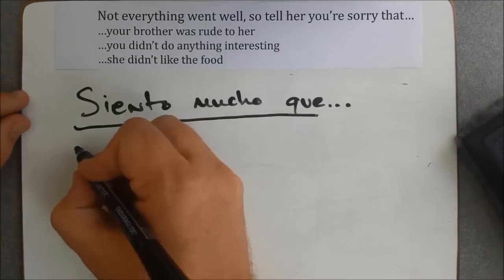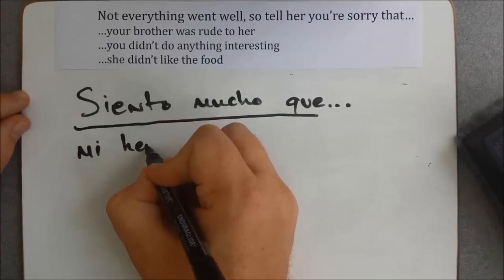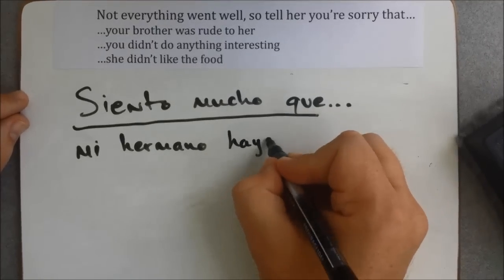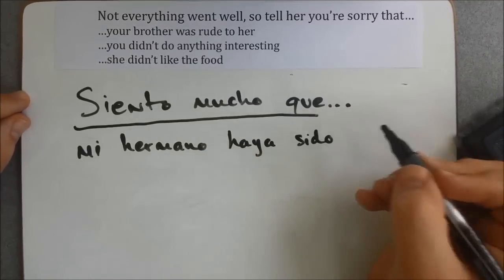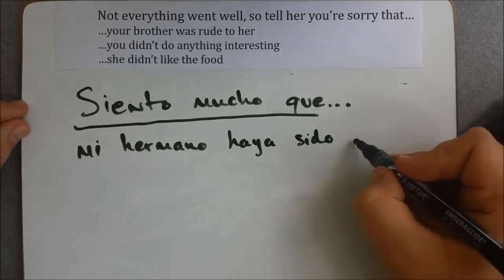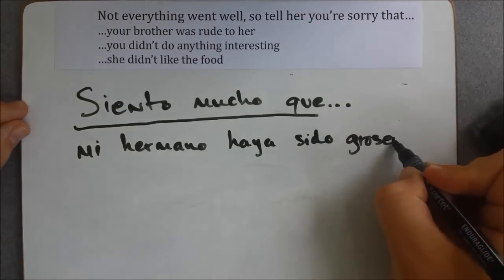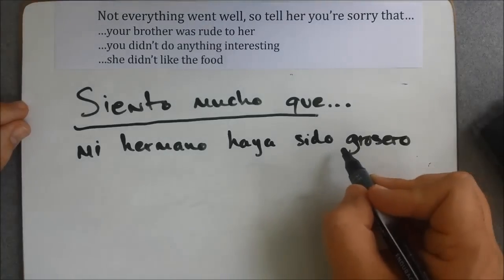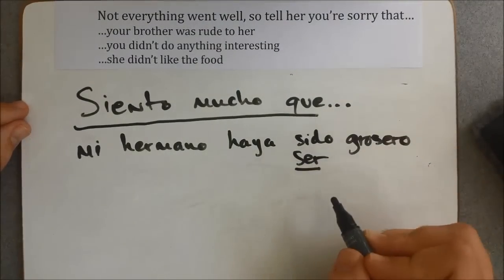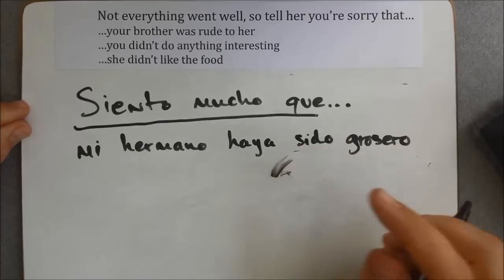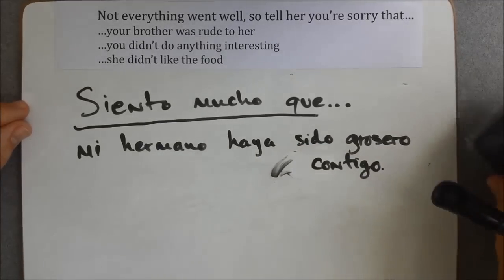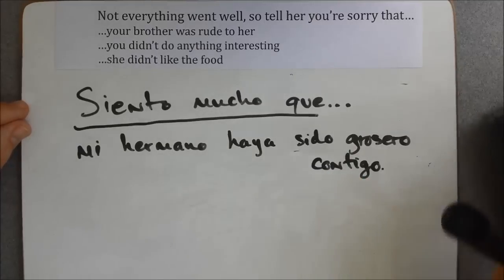Siento mucho que mi hermano haya sido. A good word for rude in Spanish is grosero. It's pretty strong though. Siento mucho que mi hermano haya sido, okay, our verb here is ser, que haya sido grosero contigo. Siento mucho que mi hermano haya sido grosero contigo.